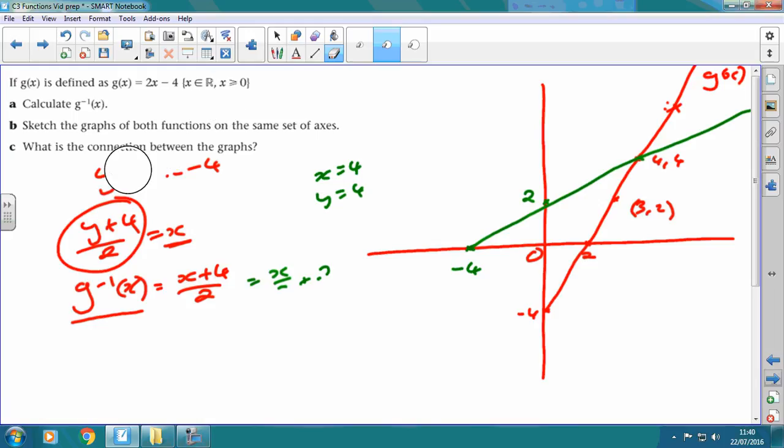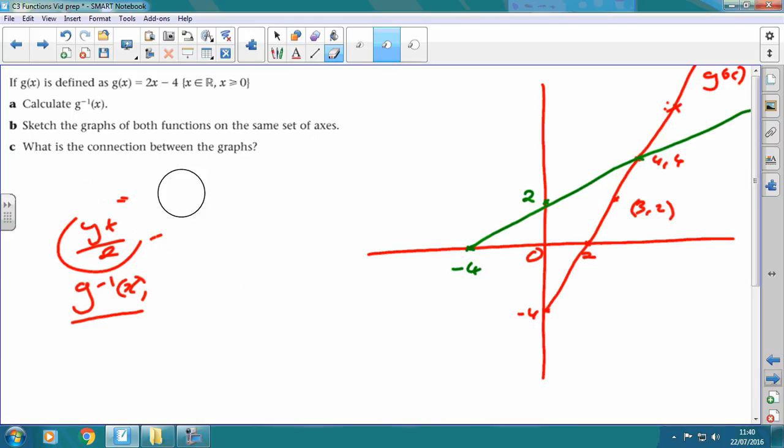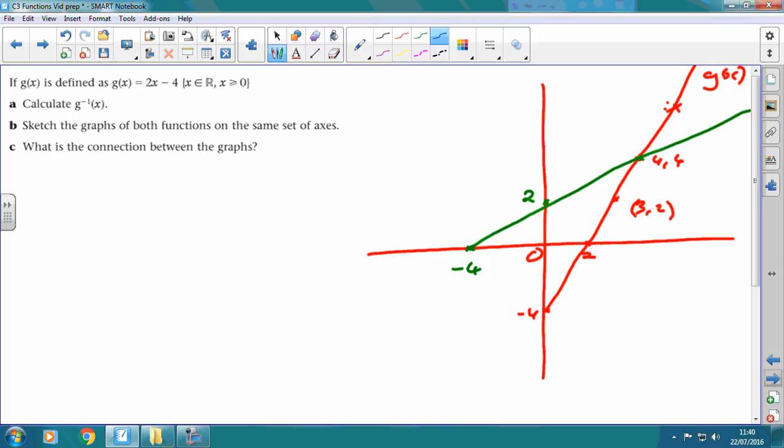And now what it asks us to do, and this is the key point, is what is the connection between the graphs? And the connection is this. The graph of g to the minus 1, the inverse graph, is the same as the g of x graph, just reflected in the line y equals x.